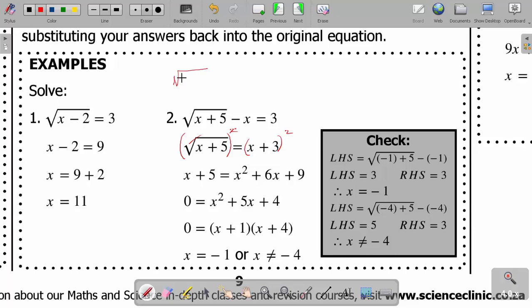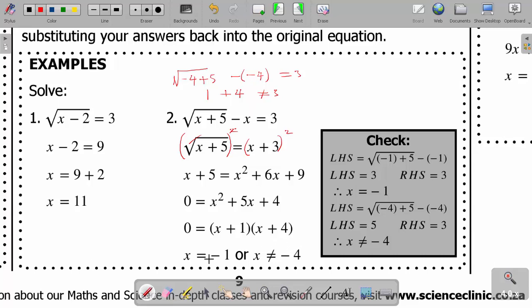So we have our x is negative 4, then plus 5, and then minus, what's our x? Negative 4, must give us 3. Let's check it out. So negative 4 plus 5 gives me 1, square root of 1 is 1, and then minus negative 4 gives us positive 4. So if you check here, 1 plus 4 does not equal 3, because this is 5 and this is 3, which means that negative 4 is not one of the answers.